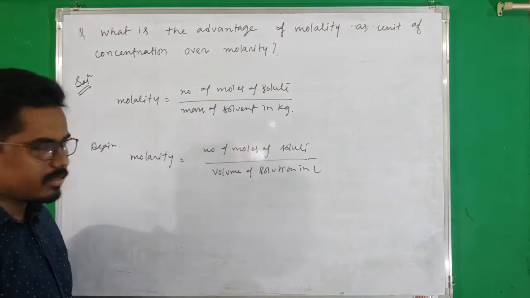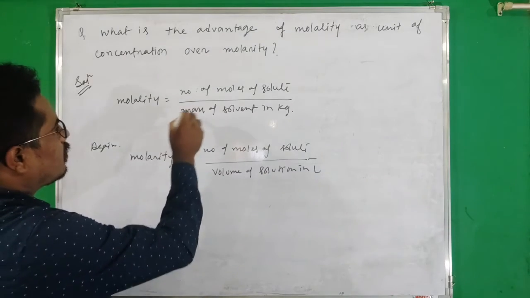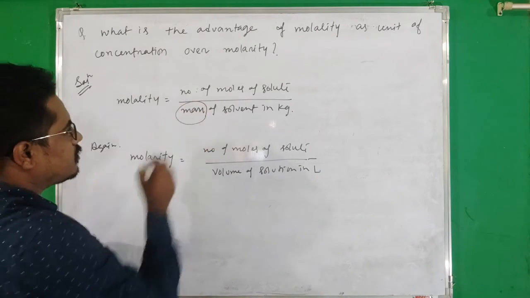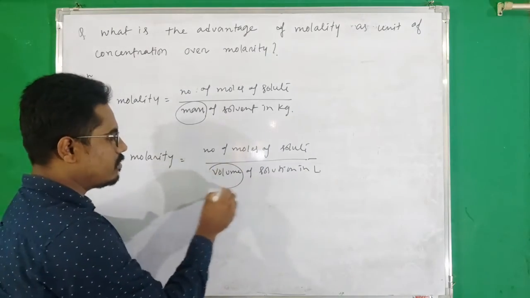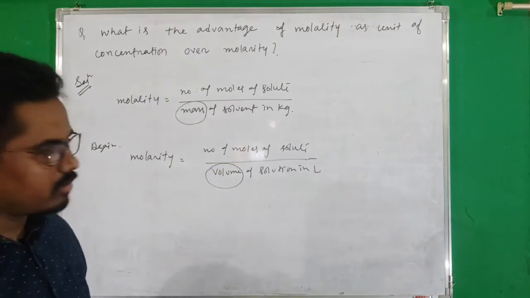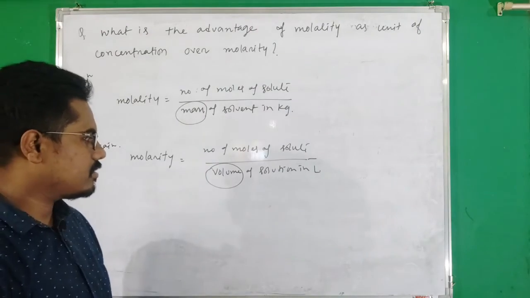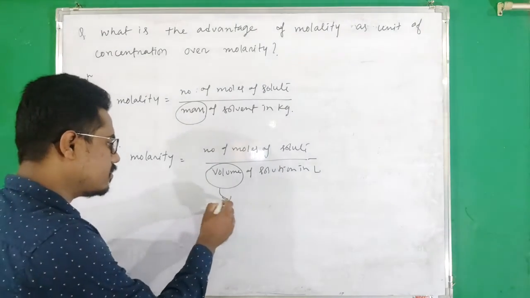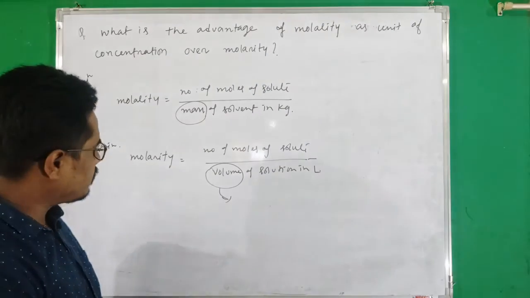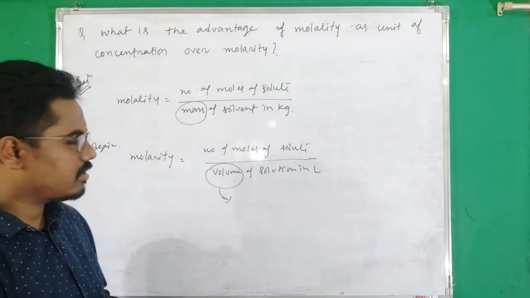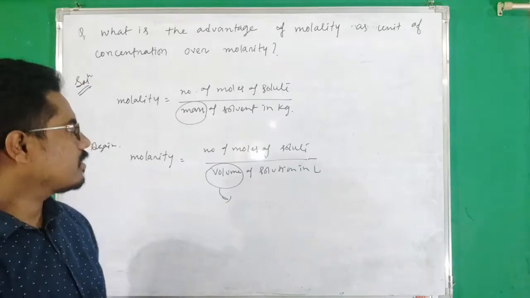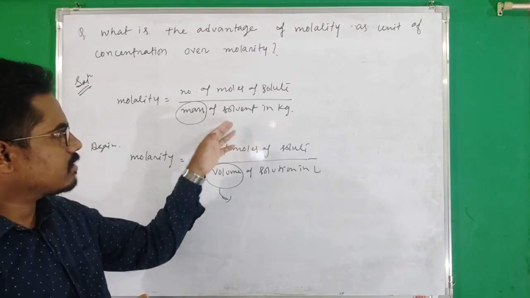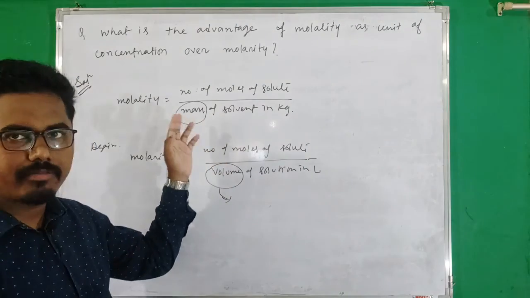In molality, the mass of solvent is considered, and in molarity the volume of solution is considered. We all know that when temperature changes, the volume also changes. So when temperature changes, the molarity of a solution will change, but the mass of the solvent will always remain fixed.